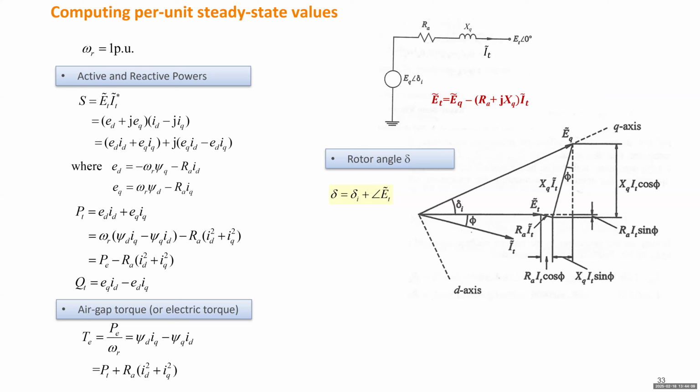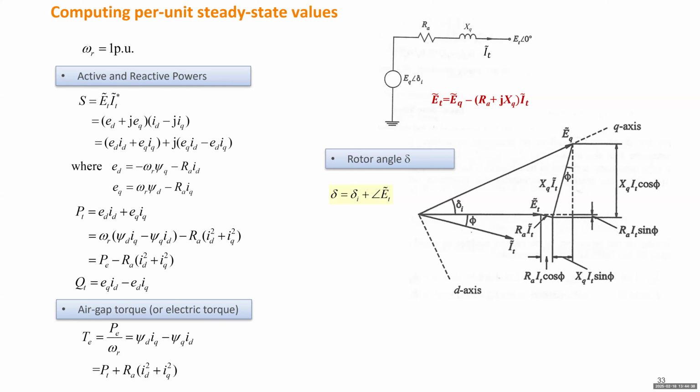And so they will go through a number of voltage drops. Eventually, we will come to this EQ. So first we need to draw the current. We assume power factor phi. For this case, we assume the external system has a lagging power factor, which means the current is lagging the voltage, because this ET is going to the load, and current is also going to the load.